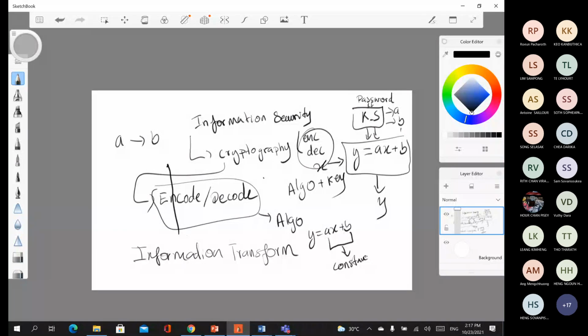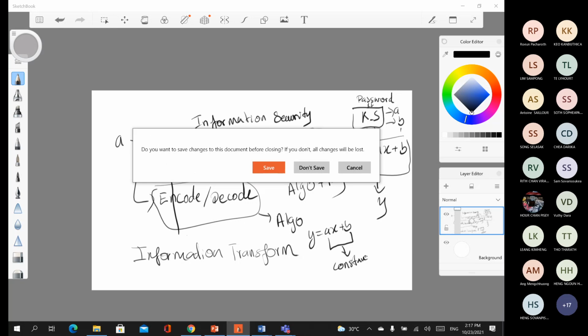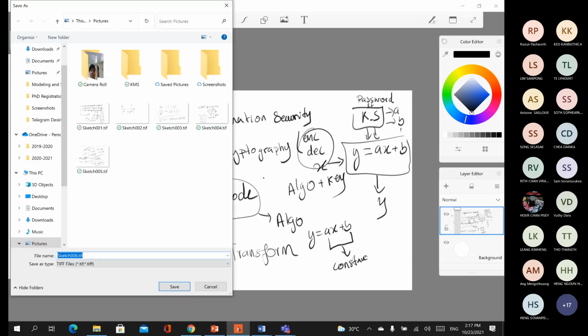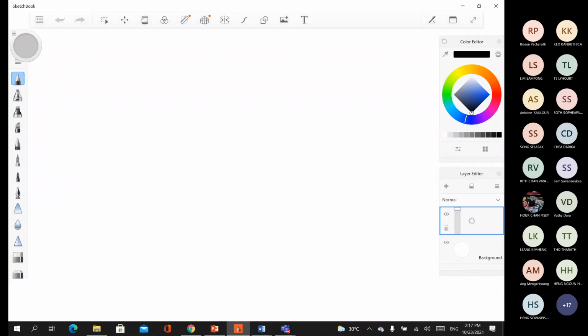So for a cryptography system, you can represent your algorithm using mathematics. Why do I say that? Because cryptography is a kind of function system. If you have y equals f of x, and you want the reverse function, in this case I would like to get x back.